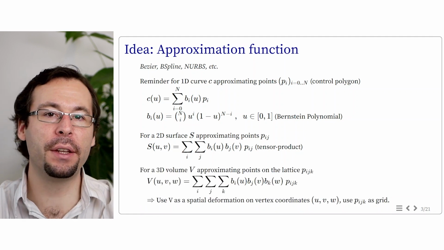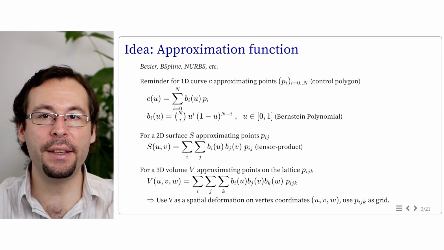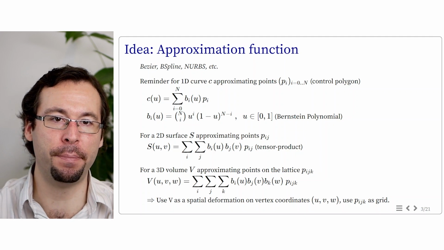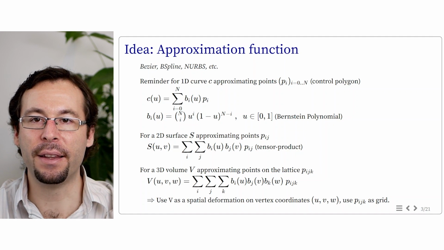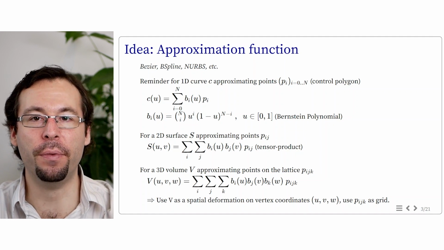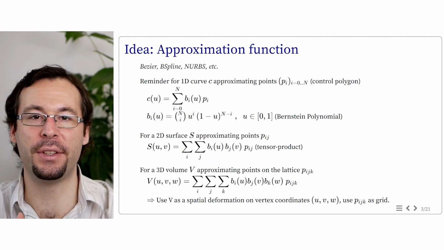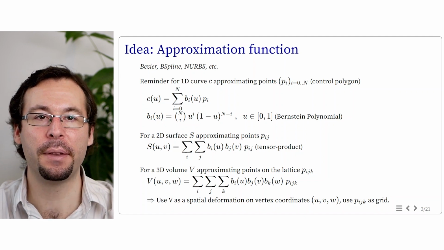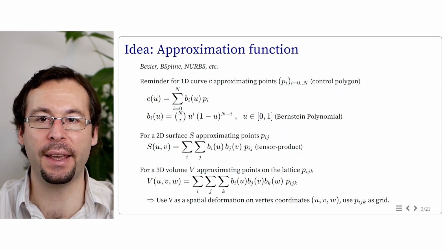Now, following the same approach, we can extend it to a 3D volume V, approximating points on the lattice Pijk. And V, depending on u, v, and w, is given by the sum over i, sum over j, sum over k of bi of u, bj of v, bk of w times Pijk.